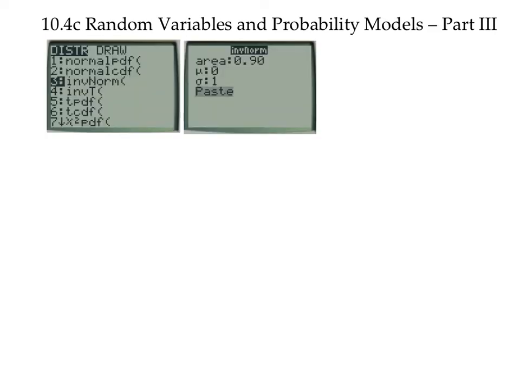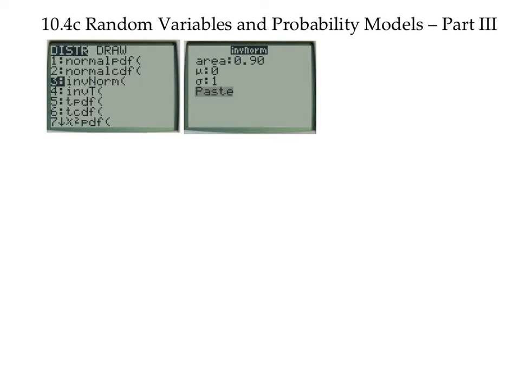Under second vars, which is DISTR, choose number 3, inv norm. In the second screen, you see they're asking for area. Now, the area under a probability distribution is always equal to 1 and is equal to the total probability.